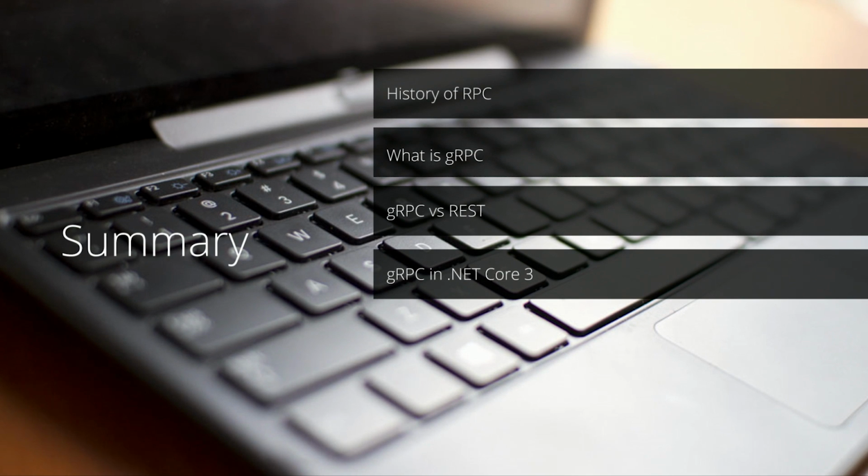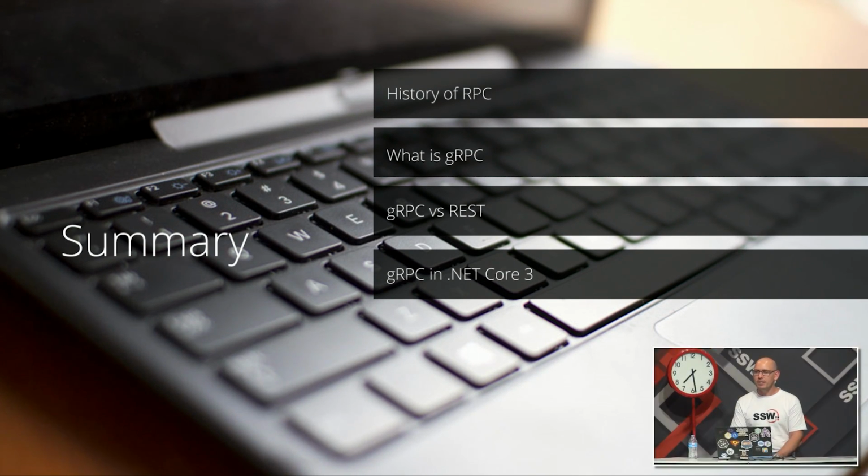So tonight I started with a brief history of RPC. I didn't go back 100 years, Greg, but we did go back to the early 2000s? Late 90s. I've introduced what is gRPC and what problems it was trying to solve and how it has solved them. I compared and contrasted gRPC versus the current common favorite being REST and the technologies, the serialization, and the benefits we do get from the binary serialization, the HTTP2 transport, the benefits that gRPC does offer over REST.